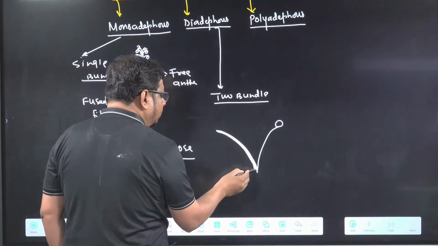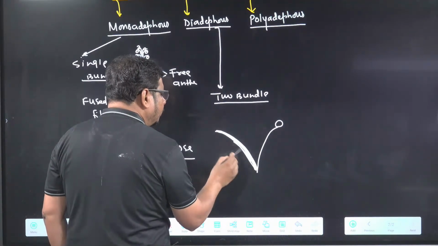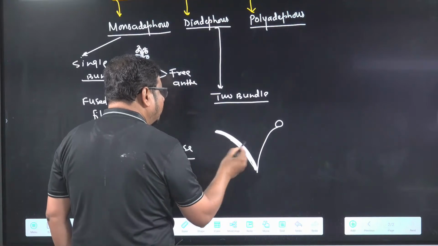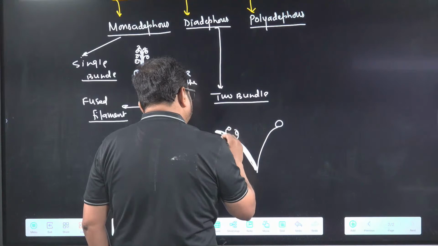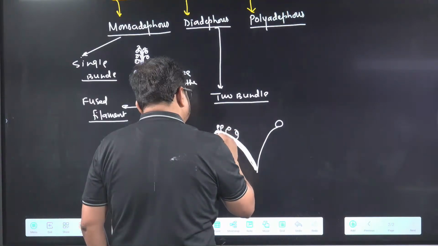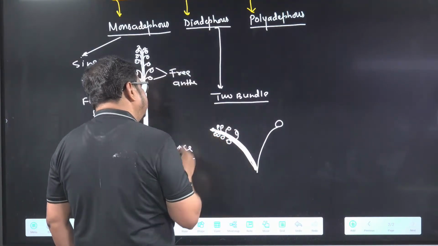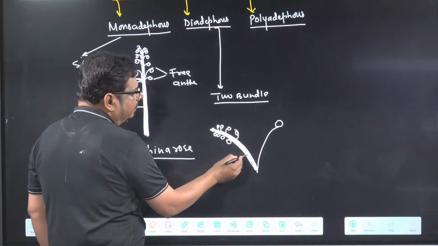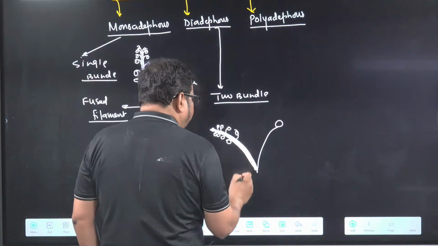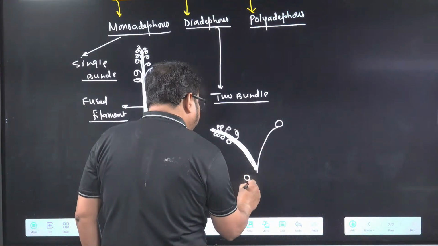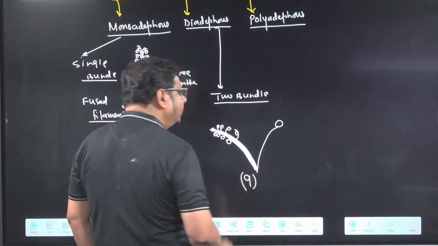What happened? Many filaments fuse. And here I am talking about the anthers. 1, 2, 3, 4, 5, 6, 7, 8, 9. How many filaments fuse here? 9 filaments fuse. Those that are fused, we write under the bracket.